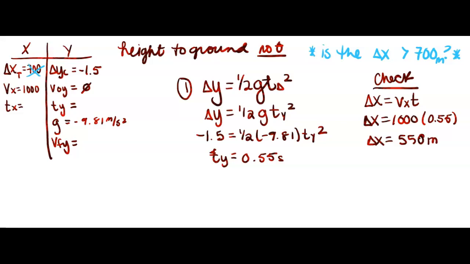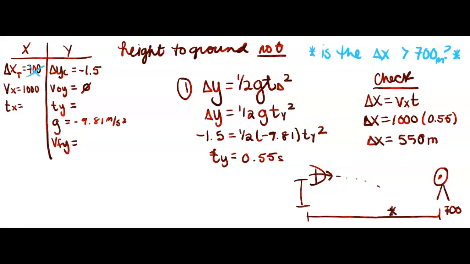So if we looked at that as far as the diagram goes, we would have our arrow, which is shot from our bow. It's at a height of 1.5. Even though it doesn't officially say it, we are assuming that the target is also 1.5 meters high. So we're going to have a distance of 700 from the arrow to the target. And our projectile is actually going to land at a position of 550 meters from start.